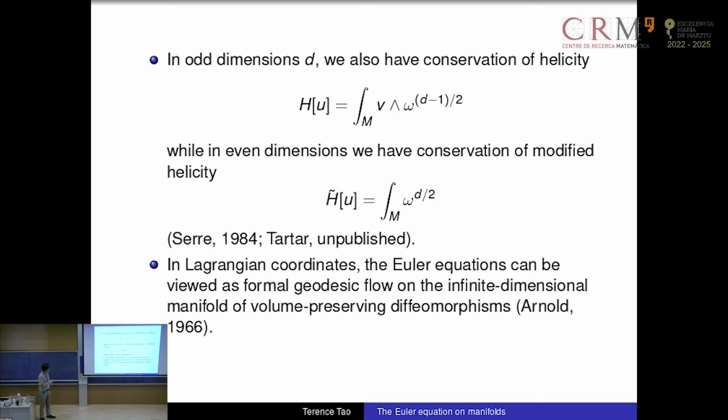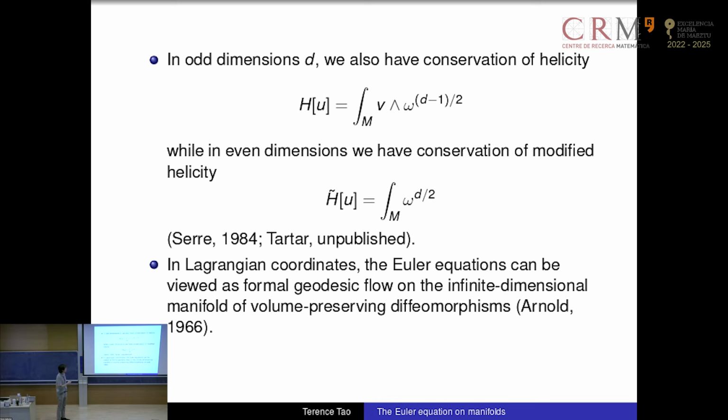Okay. And all these conservation laws can be explained in some sense by this lovely observation of Arnold, which was already mentioned in Ross's talk, that you can think of the Euler equation as just a geodesic flow on the diffeomorphisms of M. That's an infinite dimensional manifold. You can put an L2 metric on it, and formally it's geodesic flow.